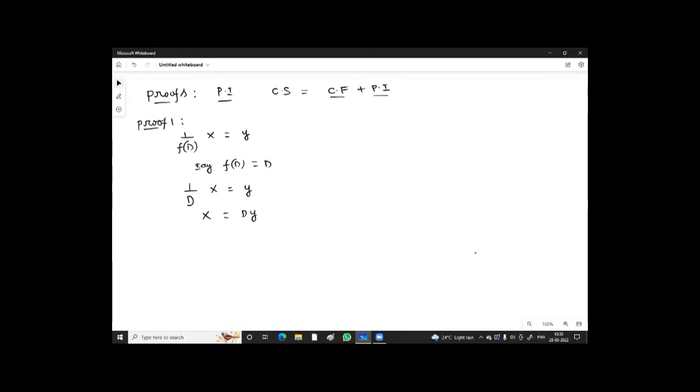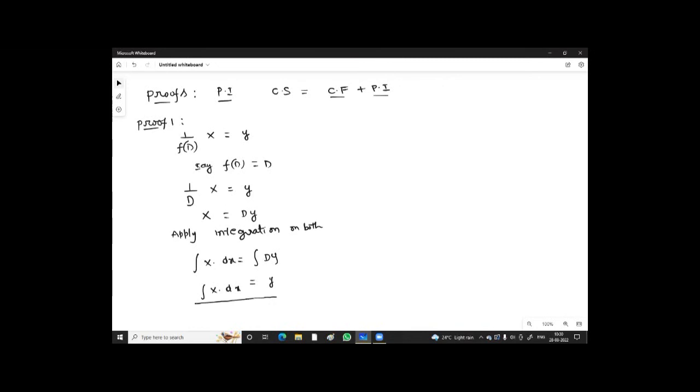Now apply integration on both sides. We get the integration of X dx is equal to the integration of dy. D means differentiation only, so integration of dy is y, because differentiation and integral cancel each other. It means y is equal to the integration of X dx.